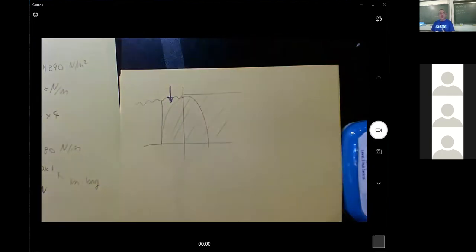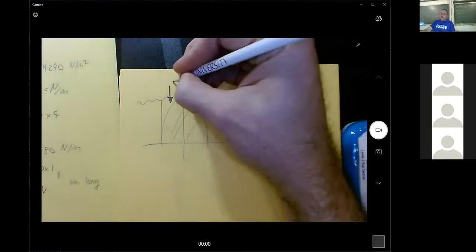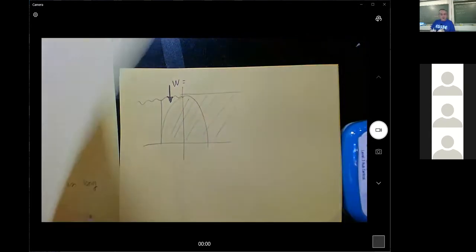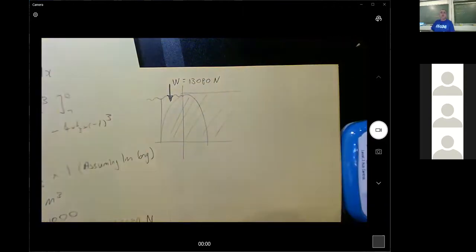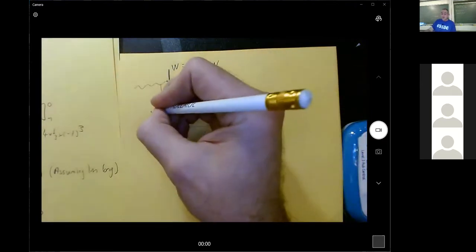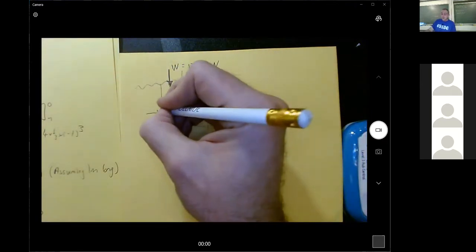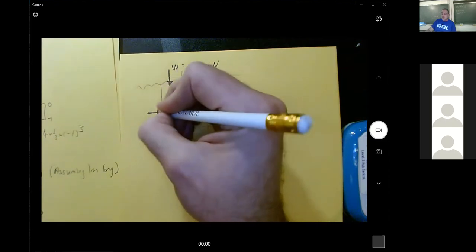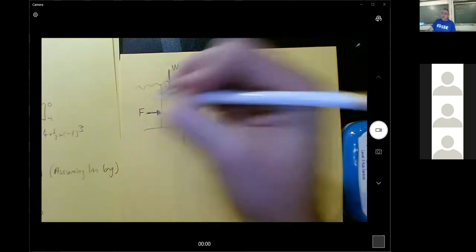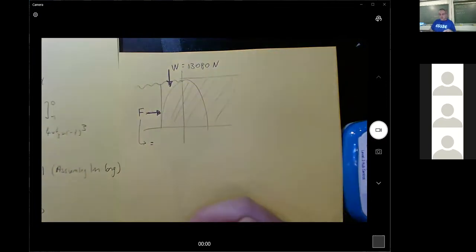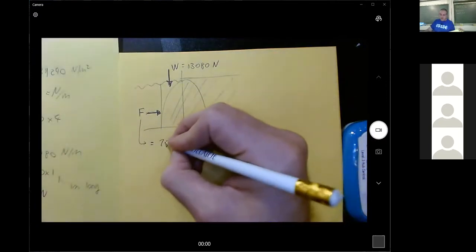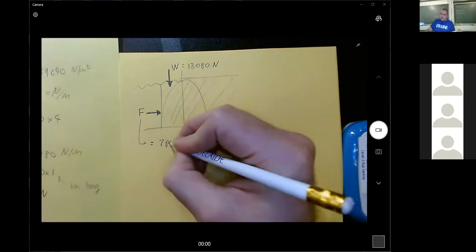This weight of the water, I shall call it W, and that was 13080 newtons. And there's also a horizontal force pushing this way, which I shall just call F. And this F was, we just figured that one out then, 78480 newtons.